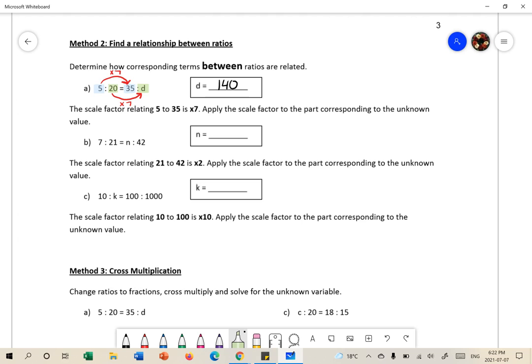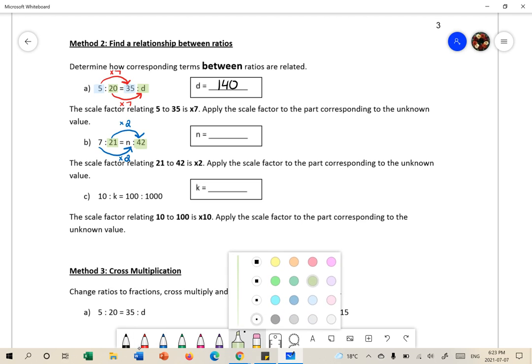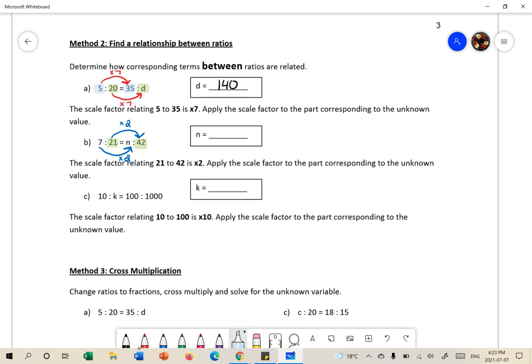Let's practice again in the next question. To go from 21 to 42, we multiply by 2. So to go from 7 to n, we're also going to multiply 7 by 2. Seven times 2 is 14.